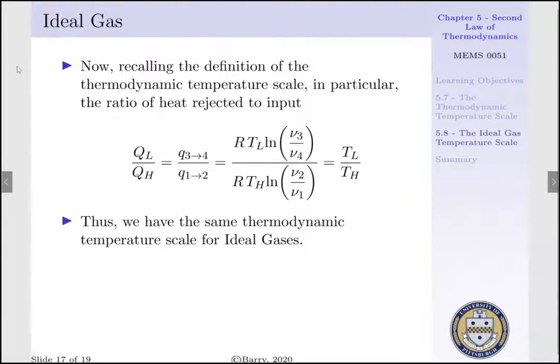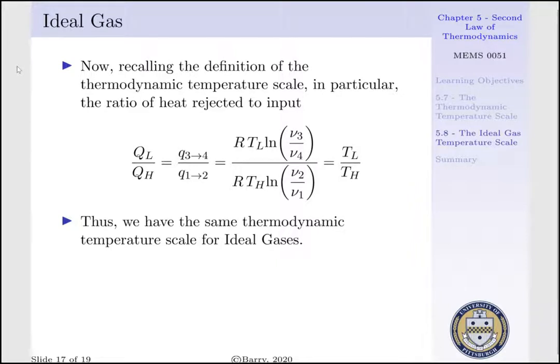If we recall the definition of our thermodynamic temperature scale, in particular our ratio of heat rejected to our heat input, QL per QH. This on a per mass basis, expressed for an ideal gas, is Q going from state 3 to 4 per Q going from state 1 to state 2. This is equal to R times TL times the natural log of nu3 per nu4 per R times TH times the natural log of nu2 per nu1.